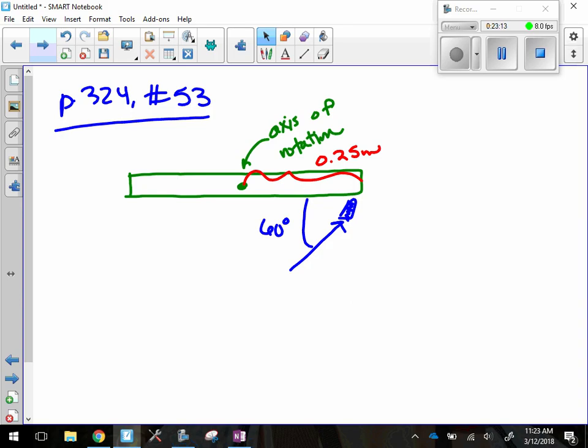So after my projectile comes in and gets lodged in the rod, what kind of momentum do I have? Angular momentum, rotational momentum. What kind of momentum do I have before, when only the bullet is moving?